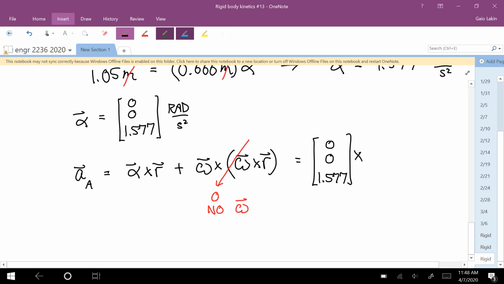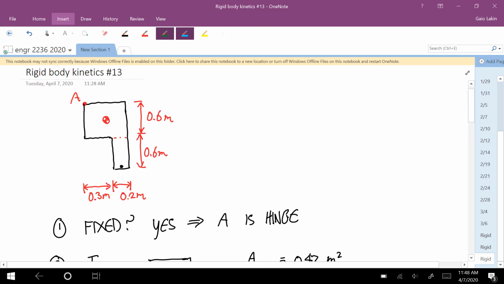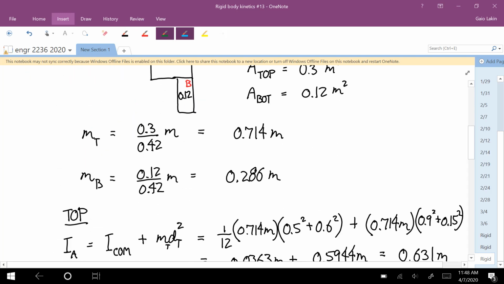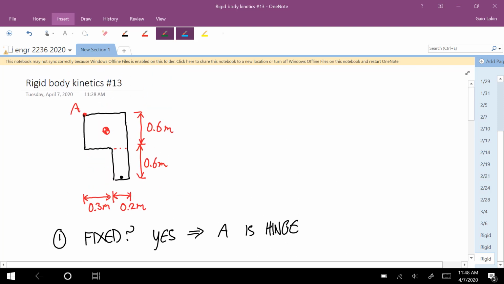That's the vector that goes from the center of the circular motion to the point. The center of our circular motion is the hinge. And so we just need a vector that goes from the hinge to A. Well, that is negative 0.4 x, 1.2 y.